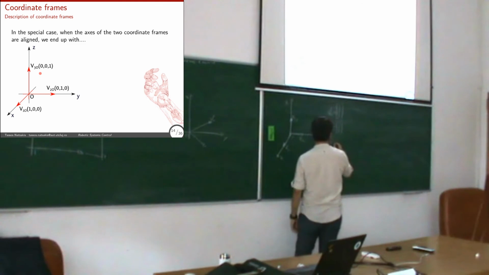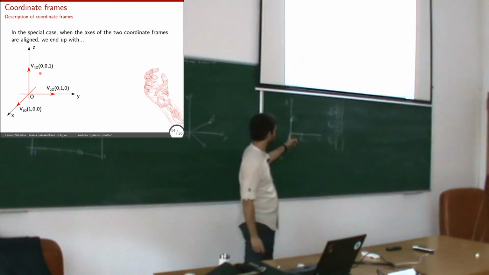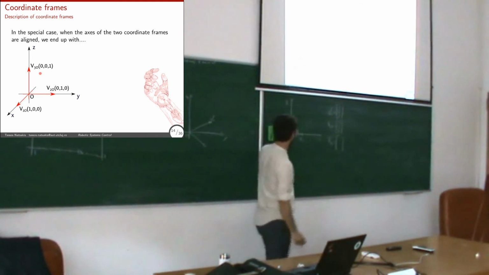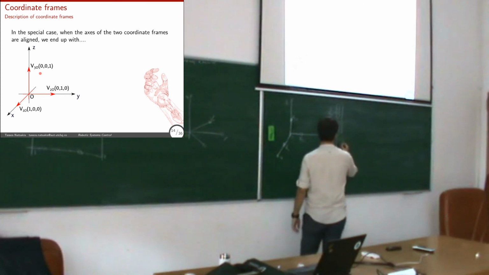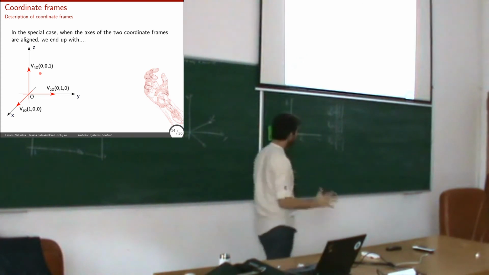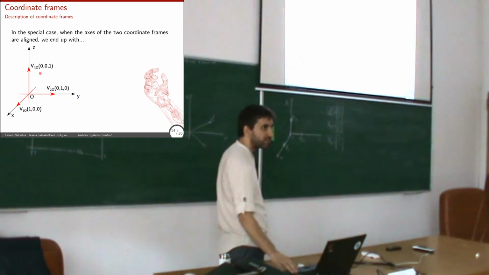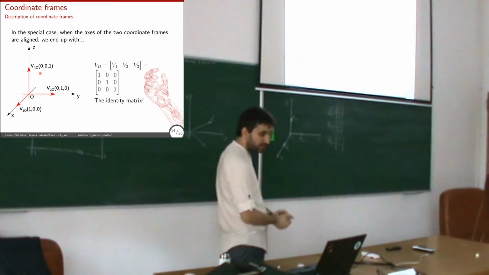And V3, 0 would be 0, 0, 1, because there's no distance from x and from y, and here it's 1. So if we put together these three vectors, what do we get? A matrix. Which matrix? The identity matrix.